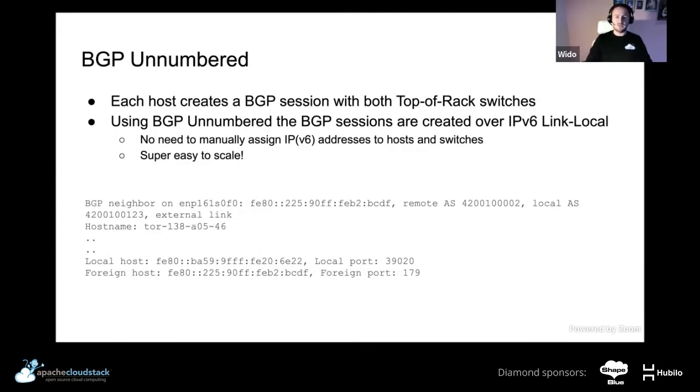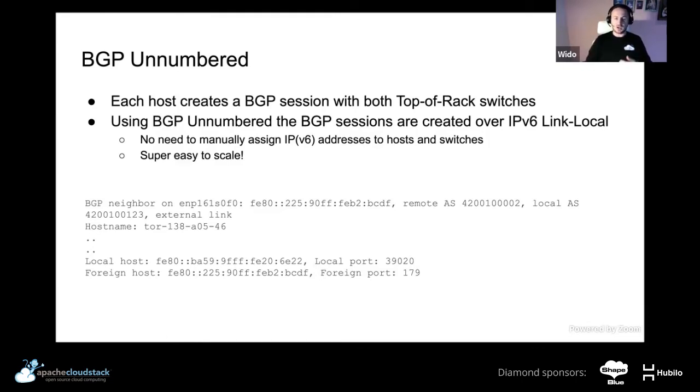But we are using BGP unnumbered. And this is pretty fancy and interesting: using IPv6 link local, the hosts and the top of rack establish a BGP connection using IPv6 router advertisements. It's being done ad hoc. So they notice a router advertisement from each other, and then they just establish a BGP connection with each other.